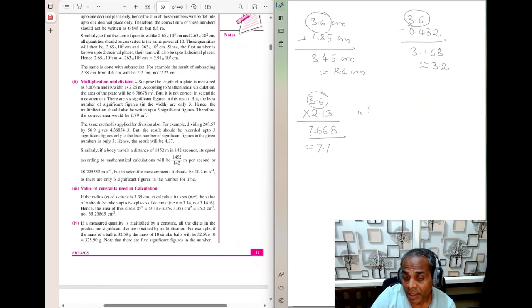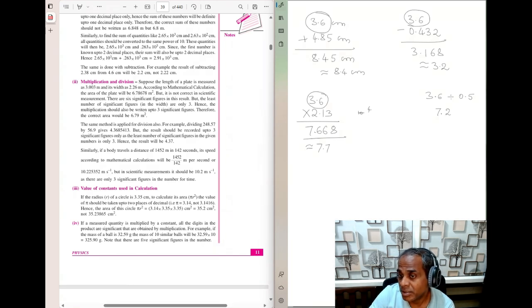Okay. Similarly, if we perform division, let us say if I am performing division of 3.6 with, very simplistically, we will divide it by 0.5. So 0.5 is having only one significant digit. And by the way, 3.6 divided by 0.5 is nothing but 3.6 into 2, which is 7.2, correct?